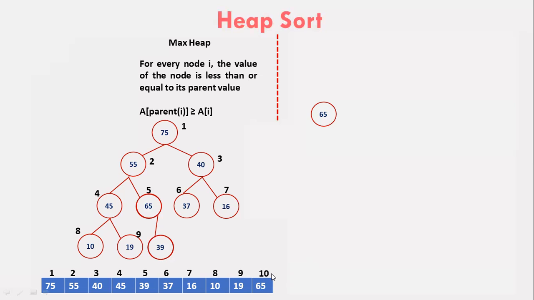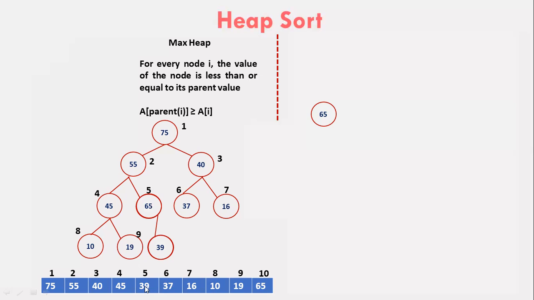Take this 10 as the I value. Now we have to divide the I value by 2. So I by 2 is 10 by 2, which is 5. Since 10 by 2 is 5, the parent of 65 is at the 5th position. So what is it? 39. So 39 is the parent of 65.